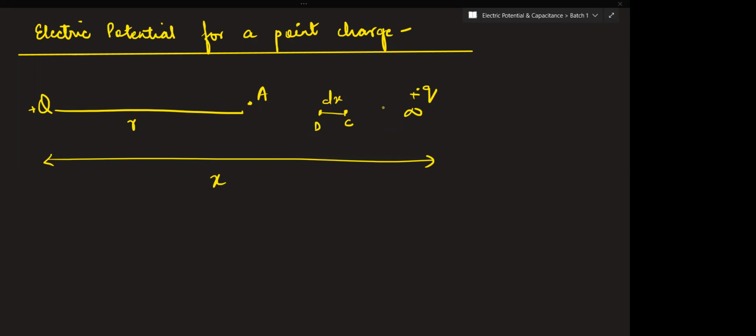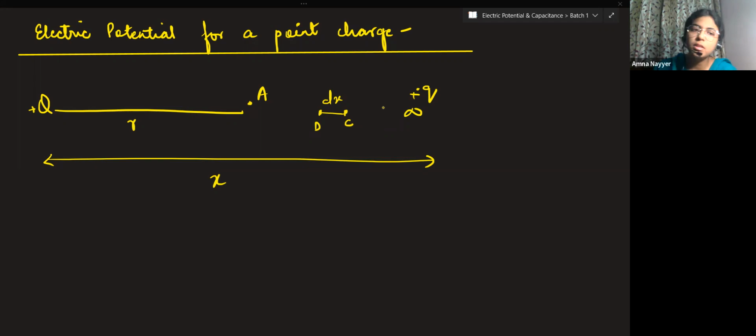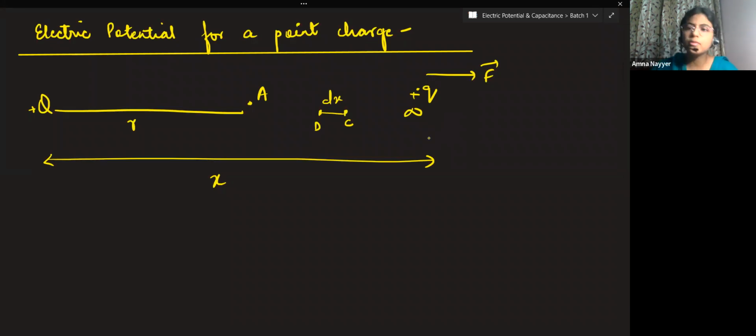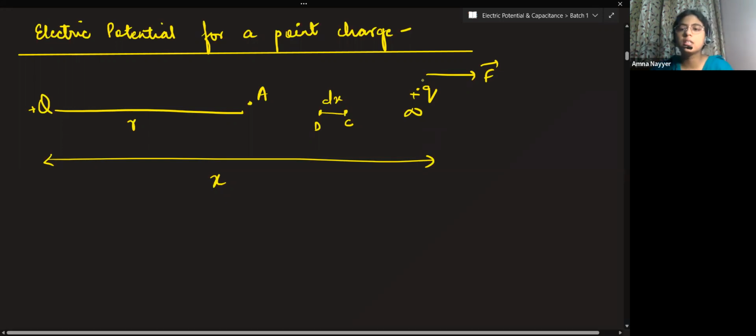Towards the right hand side, because both of them are positive, so this will push it away. This will be F. Now see the external force that will also be applied on this charge. This will be the direction of F external, because that will also be pushed.